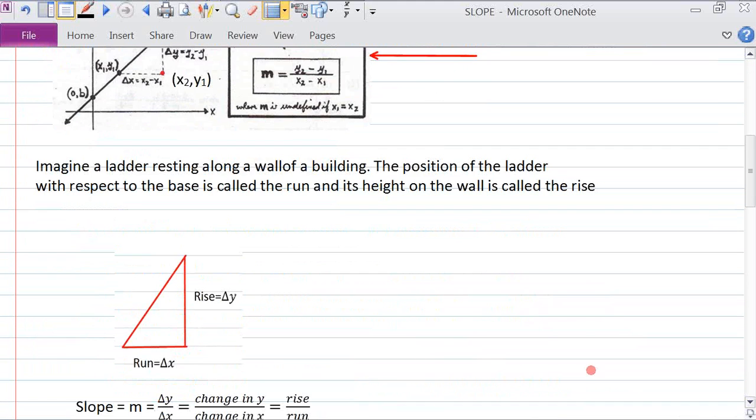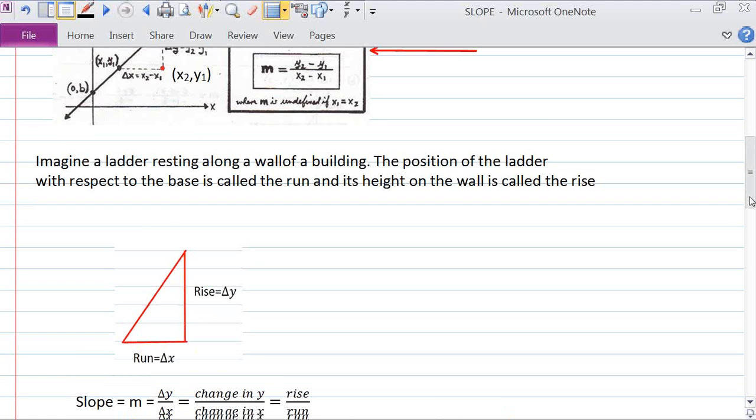So to get a picture of what the slope actually means, another way of looking at the slope, if we had this, here we've got a ladder, let's say, that's set on a building. Here's the building, the height of the building. Here's the base of the ladder to the base of the building.